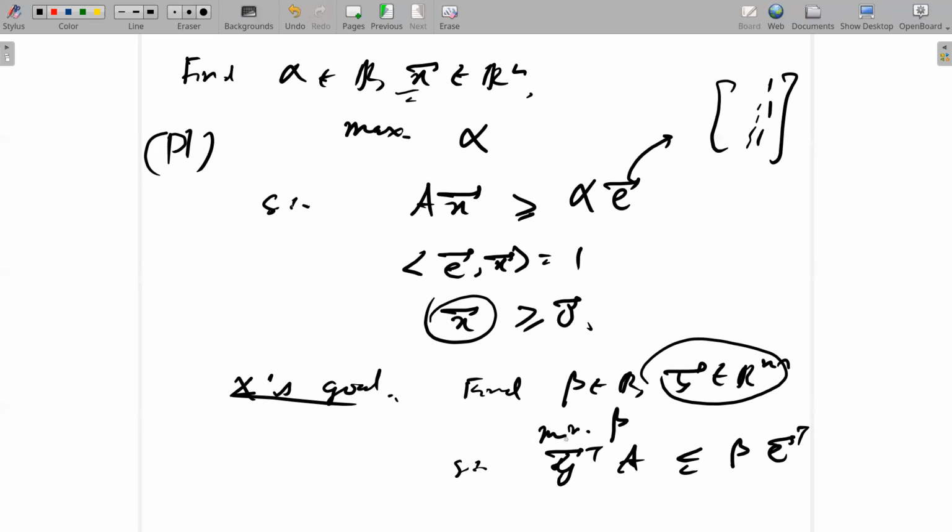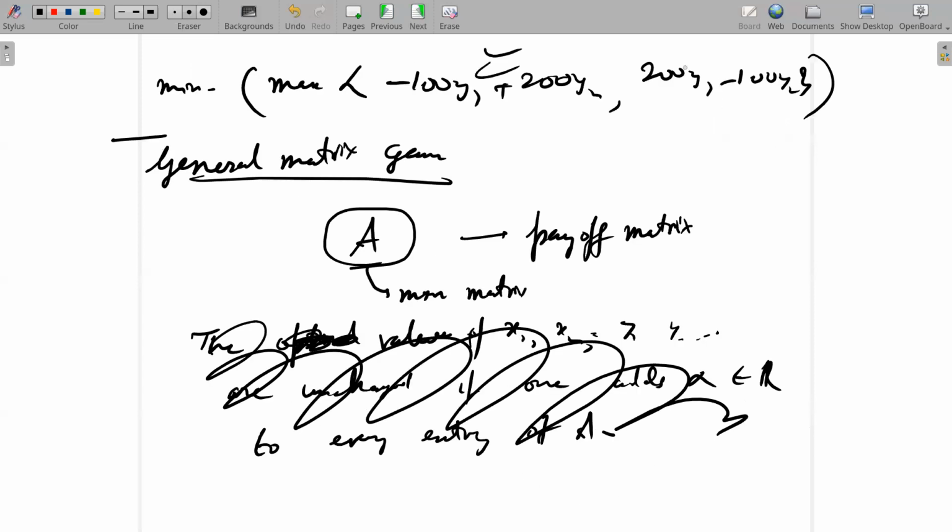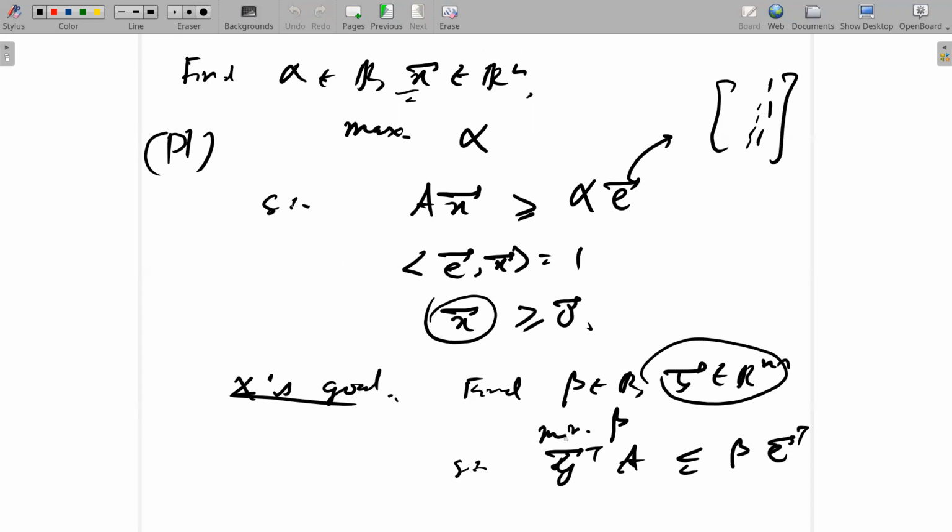If you interpret this, you'll note that you get these numbers, and again, inverting that problem, you want to maximize all those numbers, all the entries. The maximum, if it is beta, gives a uniform bound, beta times E transpose. By the way, the sizes are different: here E is in Rn, and here it will be in Rm, but that is just a slight abuse of notation.